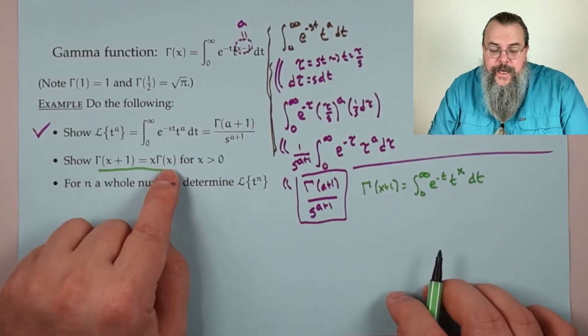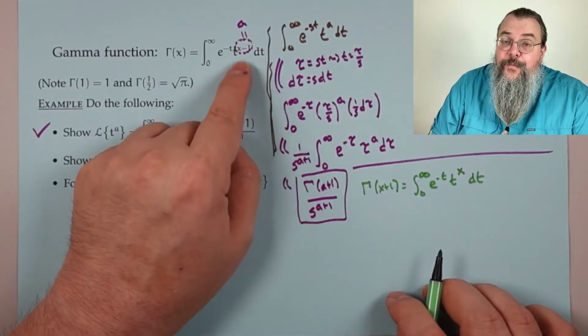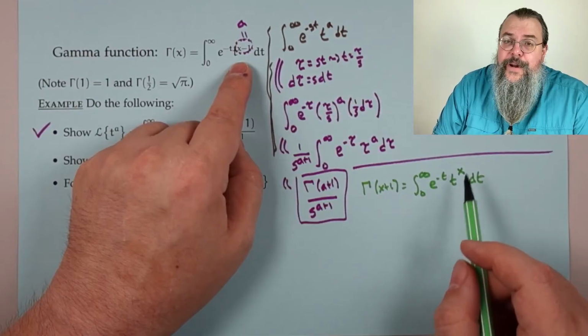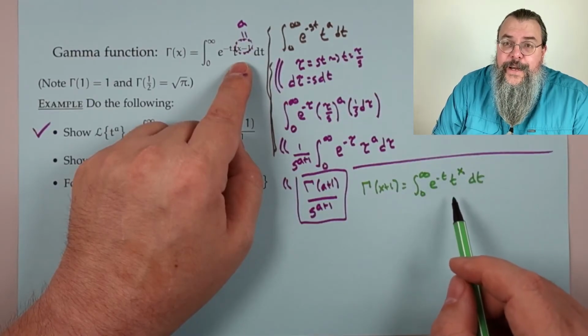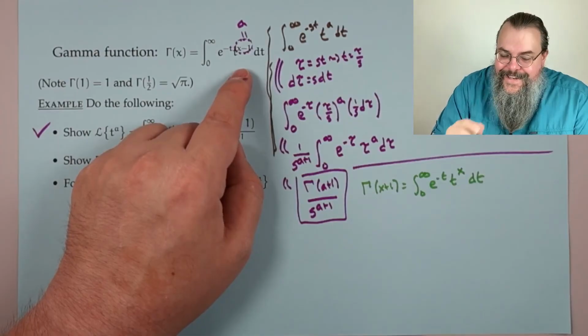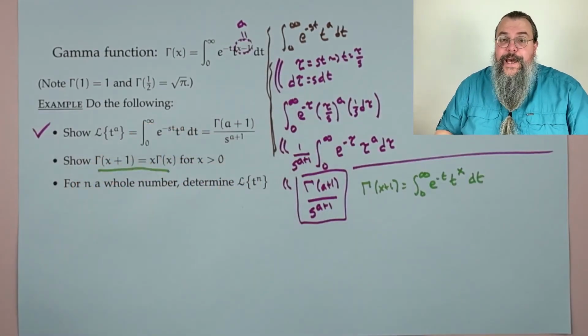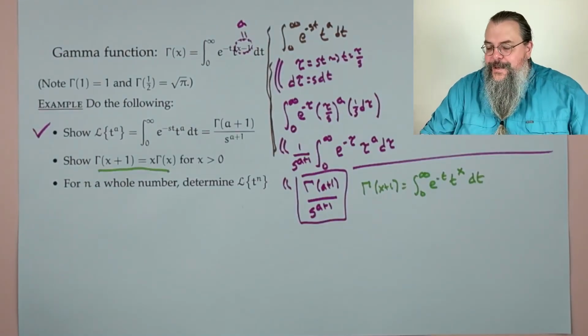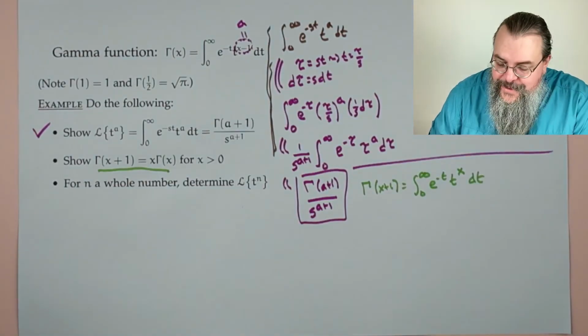Now we're trying to get to gamma x, which has an x minus 1. So we say, okay, how can I make t to the power x look like t to the power x minus 1? We could take a derivative. Yes. But how might we do that? Oh, we have ways, and namely integration by parts.